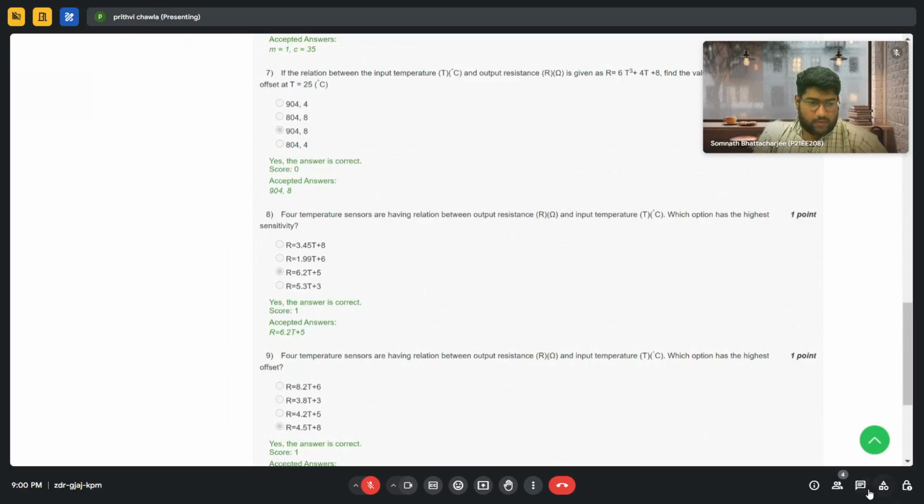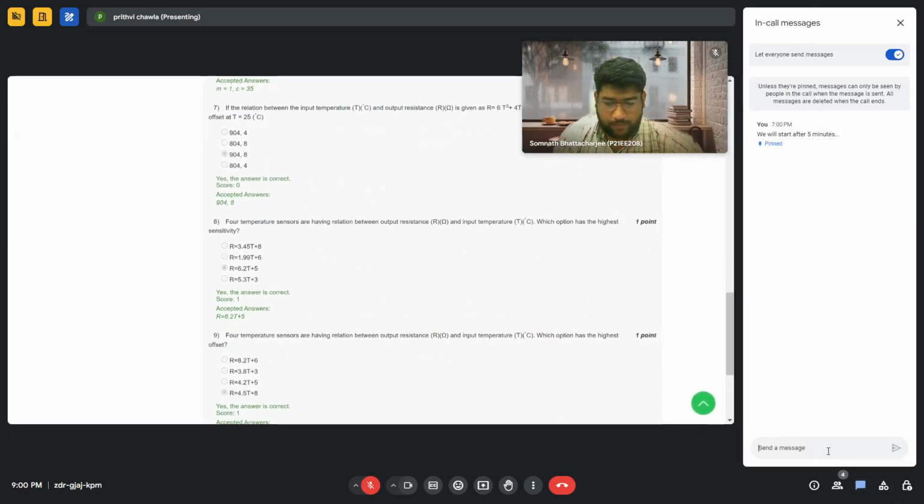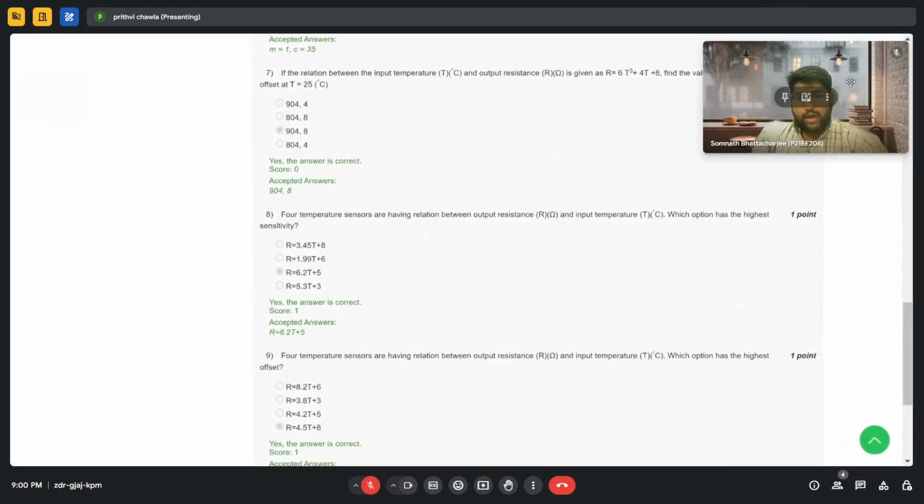My mail ID I'm writing in the chat box. Can you see this? Yes, sir. You can copy it, and if you have any problem, then you can directly mail me, and I'll forward the issue to them.